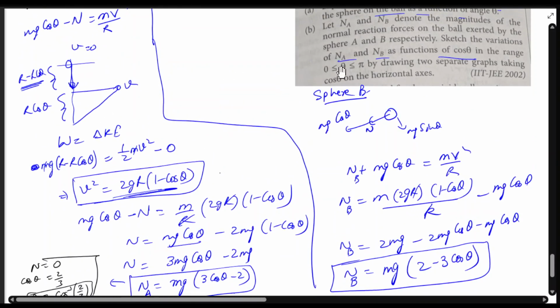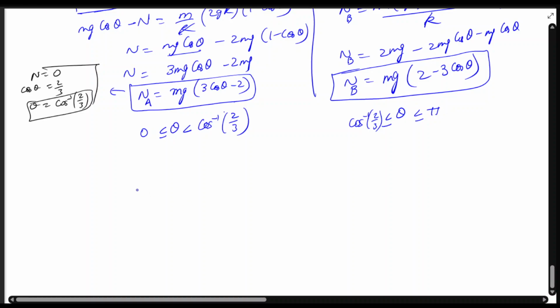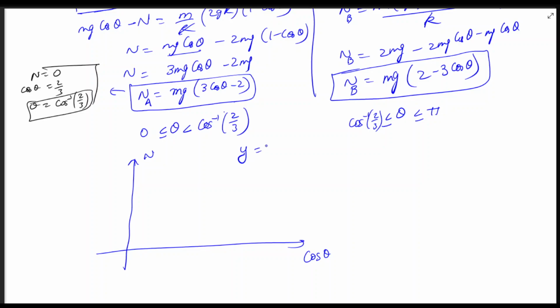Second, we have to make the Na versus cos theta graph. So if this is normal, this is cos theta, we can write y equals mg(3x minus 2). First understand this: if theta is 0, then cos theta will be 1.